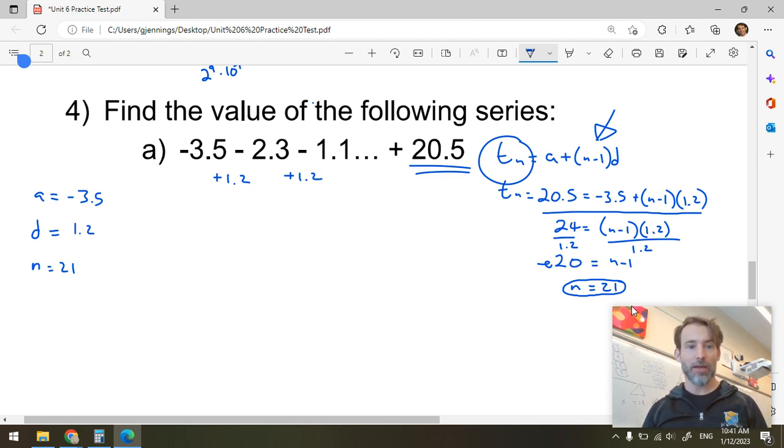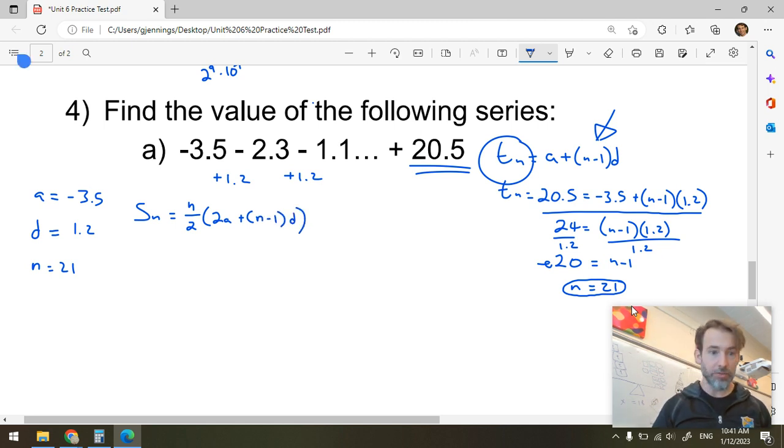All right, so how do we do that? Well, the sum of an arithmetic series is given by the number of terms divided by 2 multiplied by 2 times the first term plus n minus 1 times the common difference, and that's your formula. Now substitute in with these numbers.